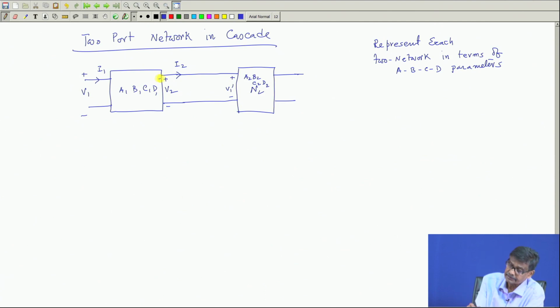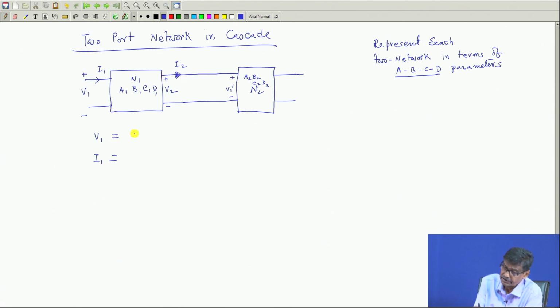Now, so far as the first network is concerned, we know that for ABCD parameters we have V 1 and I 1 as input quantities, and since I will be writing the ABCD representation, the I 2 direction I have reversed, as we have been doing all the time.